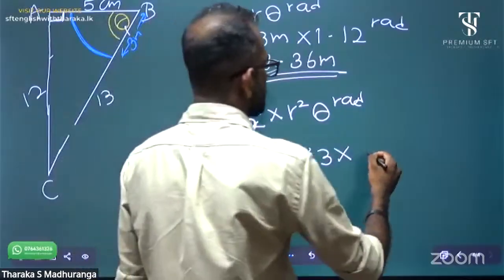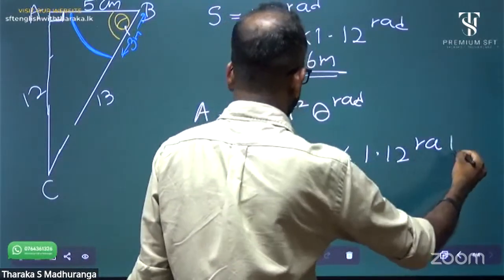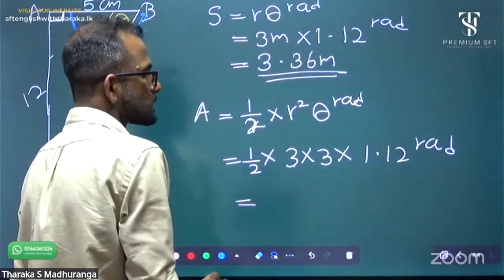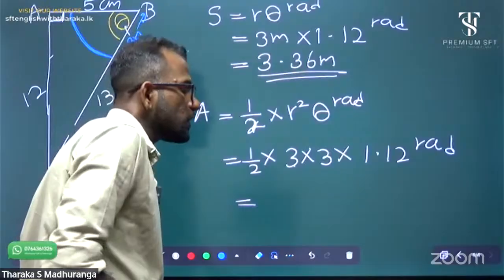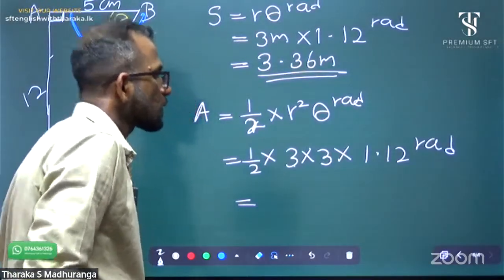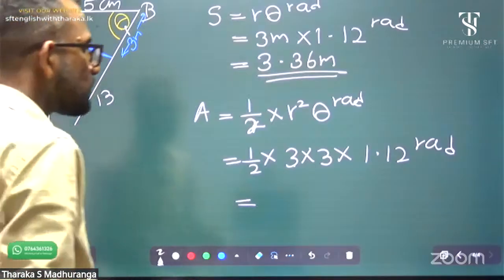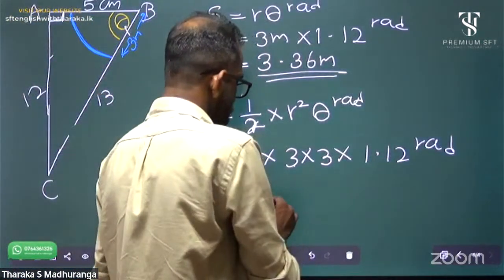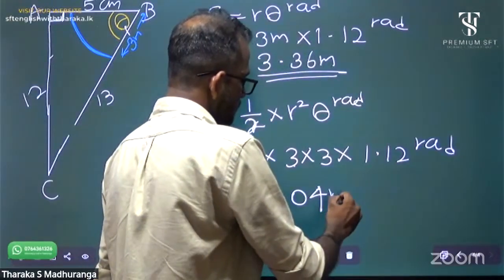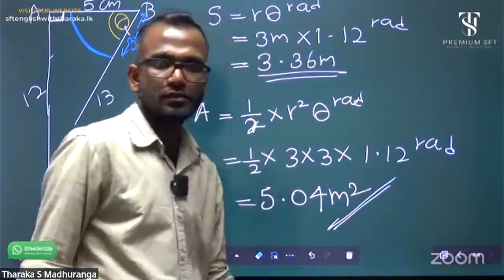Theta radian means 1.12 radian. 9 times 1.12 times half is 5.04 square meters. Right?